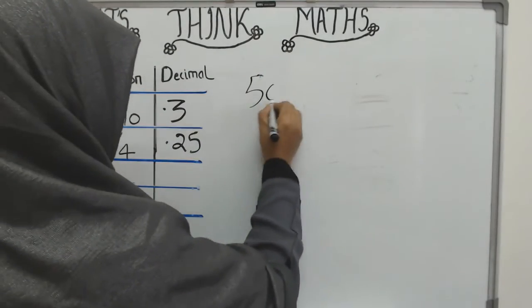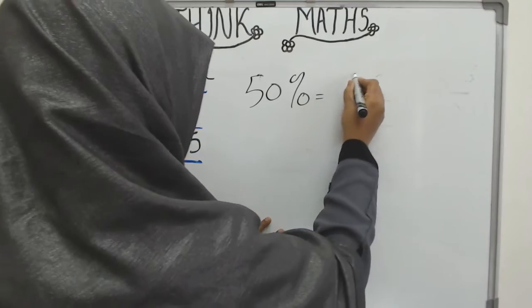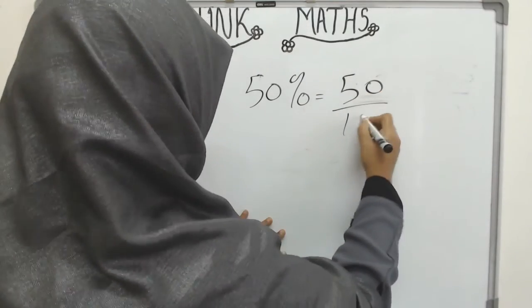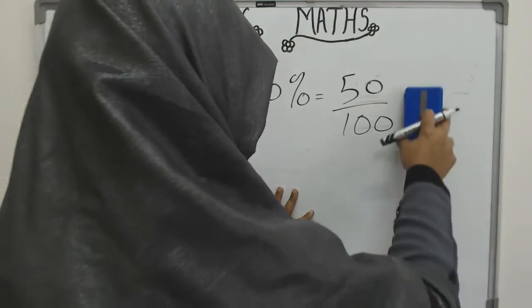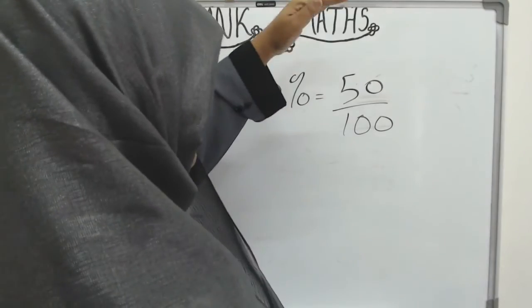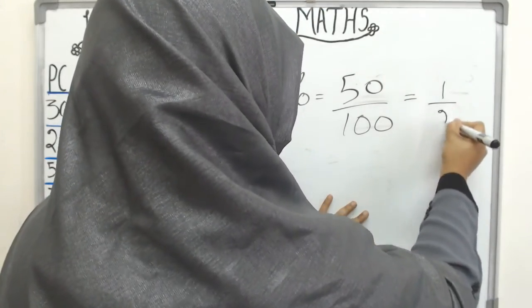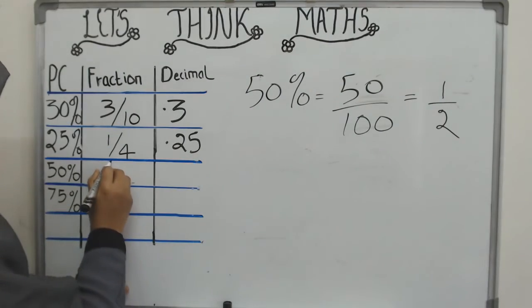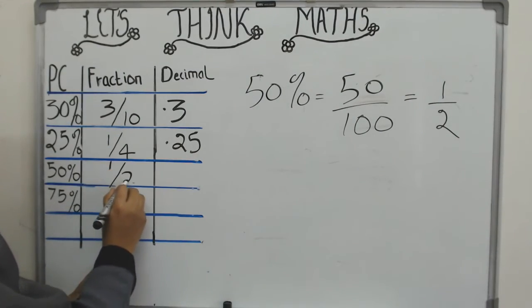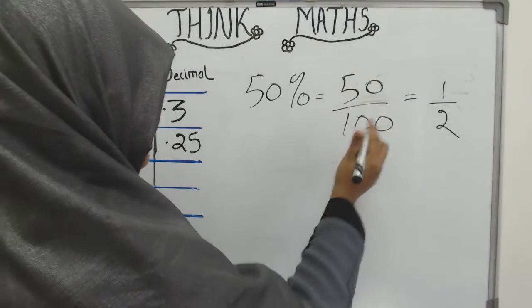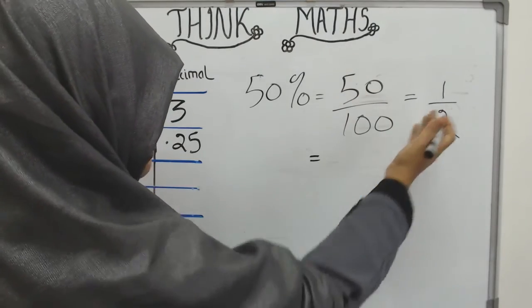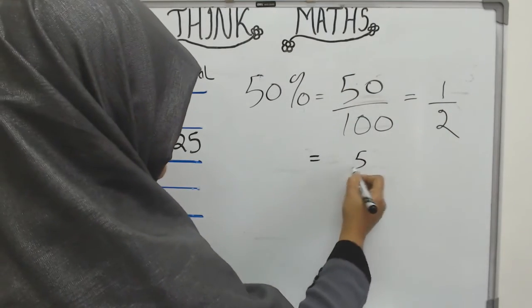Now we have 2 percentages in the next row of the table. 50%. 50% is what? 50 by 100. And as I said, when you see a fraction like this, make sure you reduce it to its lowest terms. So what is this? It is the same as 1 by 2. So the fraction here is 1 by 2. And 50 by 100, how do you make it into a decimal? 0.50. That's easy, right?